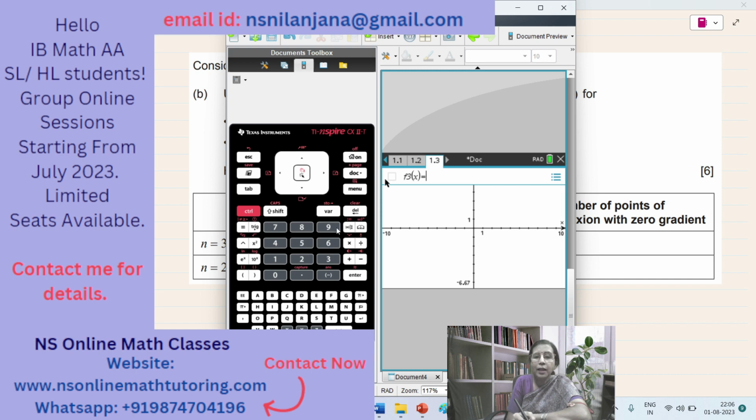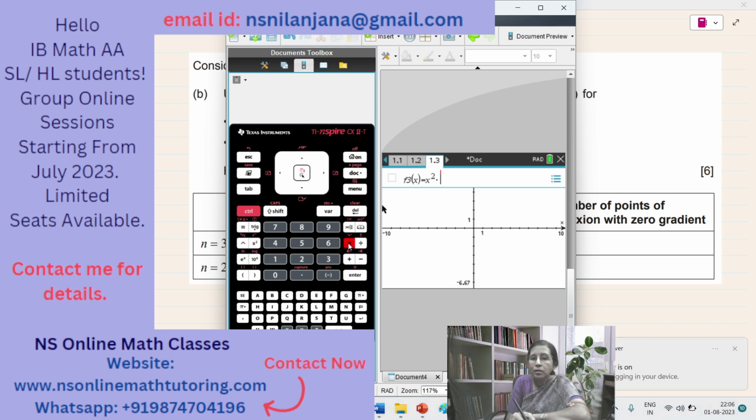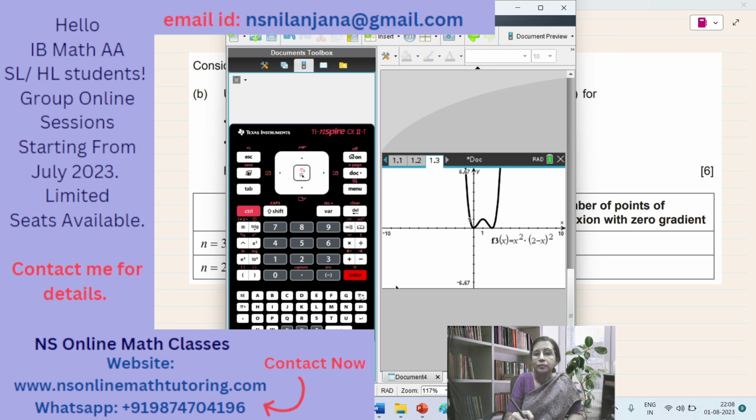So n equal to 2 means x squared times (2 minus x) whole square. x squared times (2 minus x) whole square. So this is enter. Okay, for this I can again change the settings.